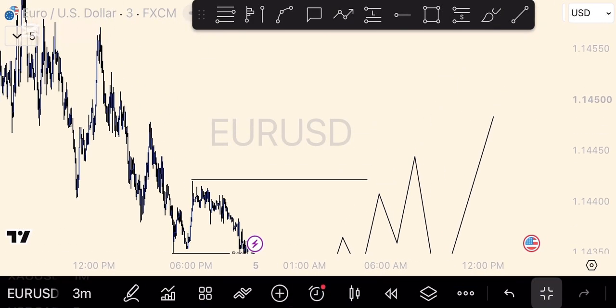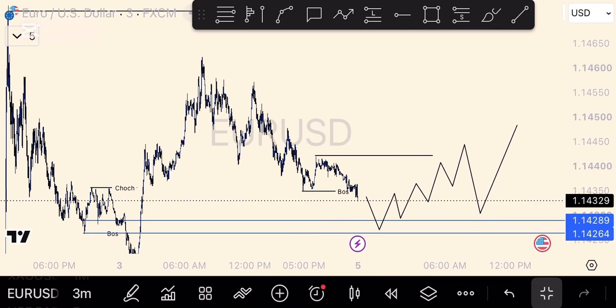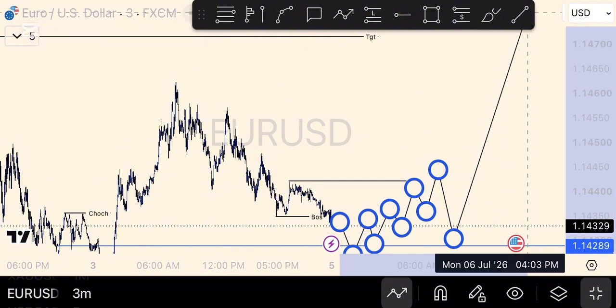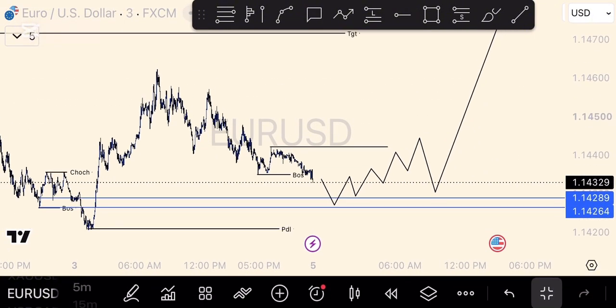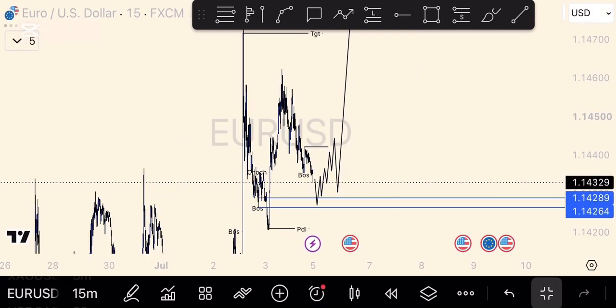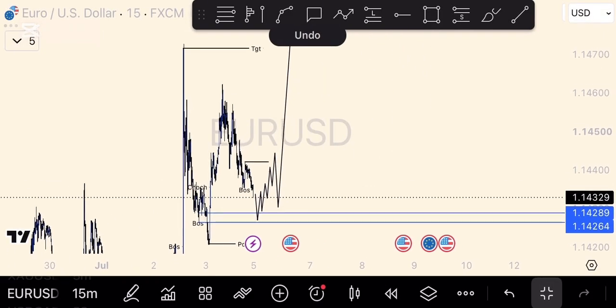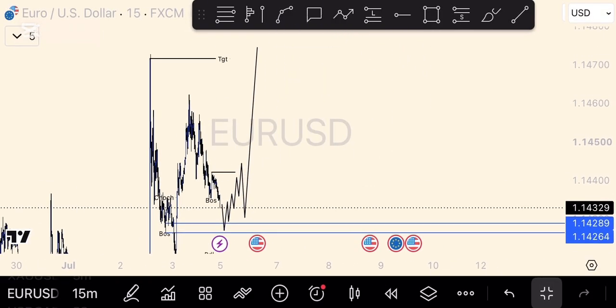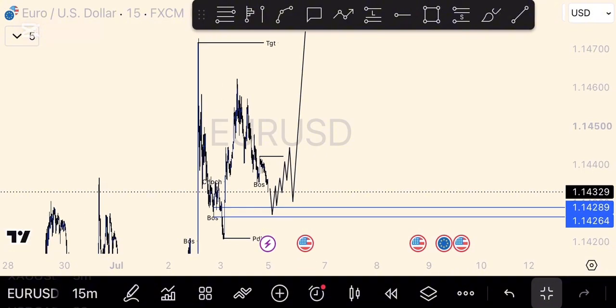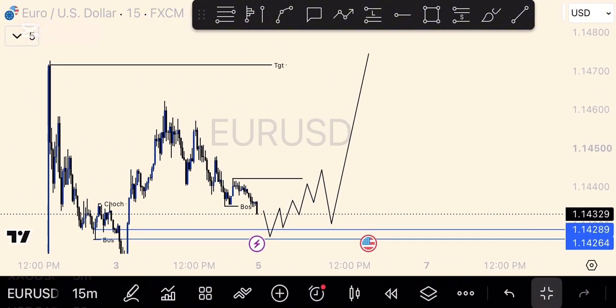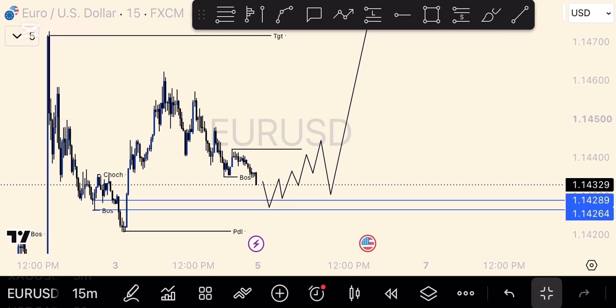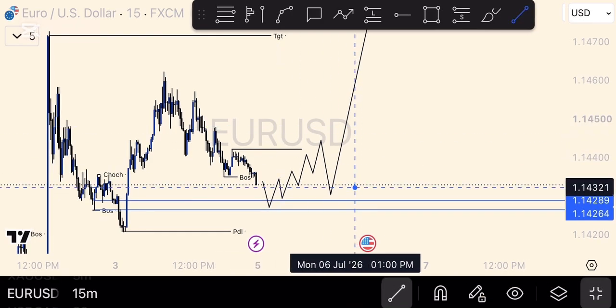And this will be a massive opportunity, a lot of buys and price action we can have to the upside, because we have enough pips, enough risk to reward ratio from this zone to the upside.